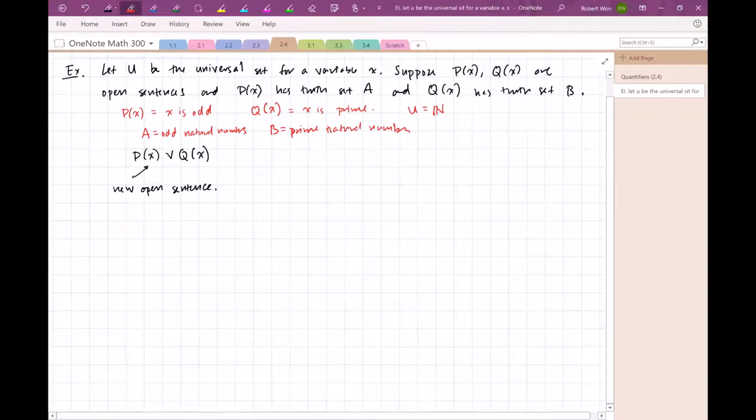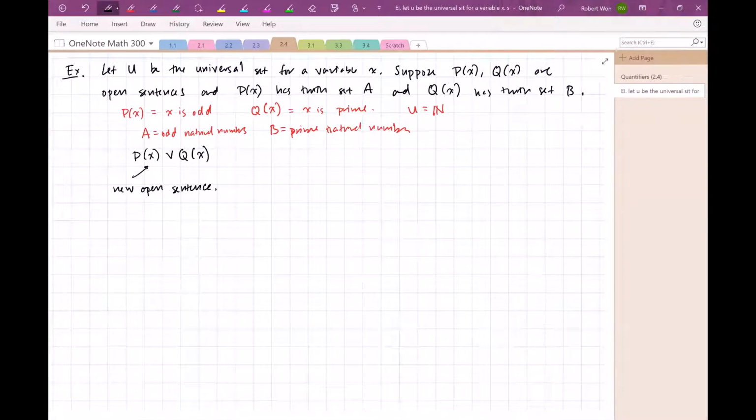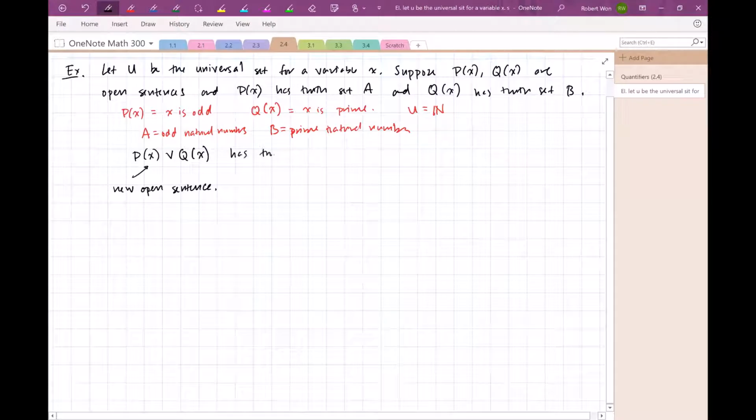Well, P of x or Q of x, what values of x make that true? It's any values of x that make P true or make Q true, which means anything in A or anything in B. So this open sentence has truth set A union B.